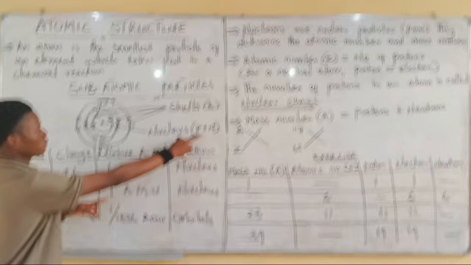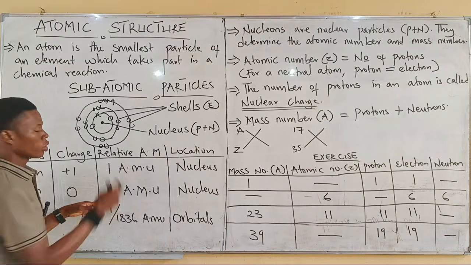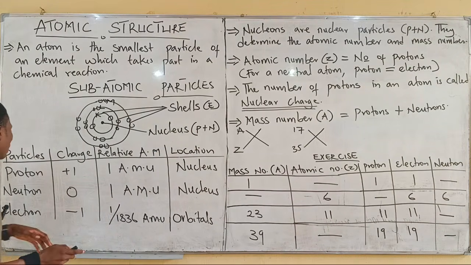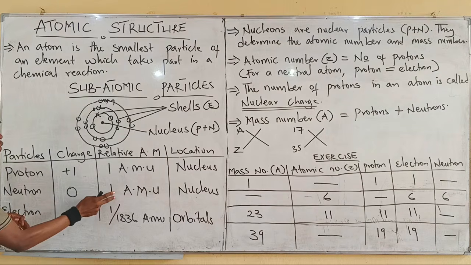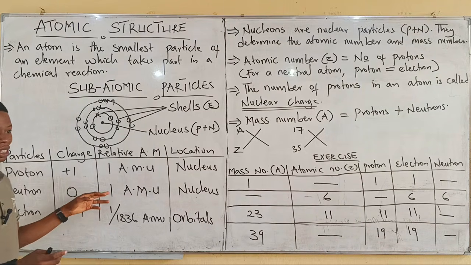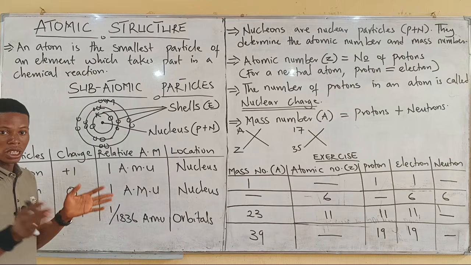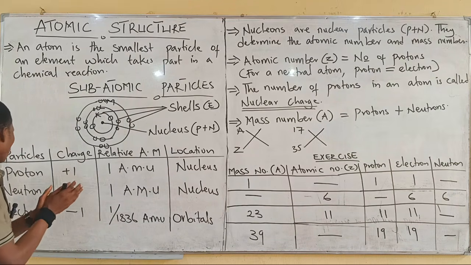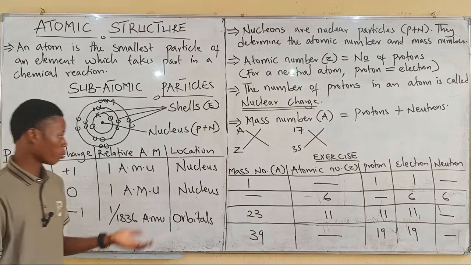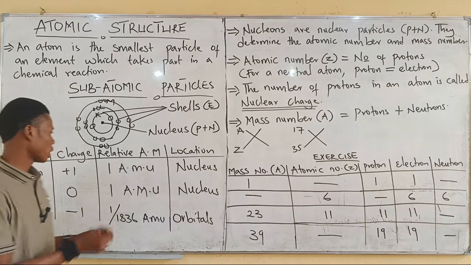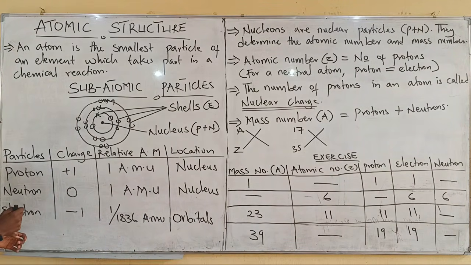If you notice here, the proton and neutron have the same relative atomic mass. They are approximately equal in size, 1 atomic mass unit.